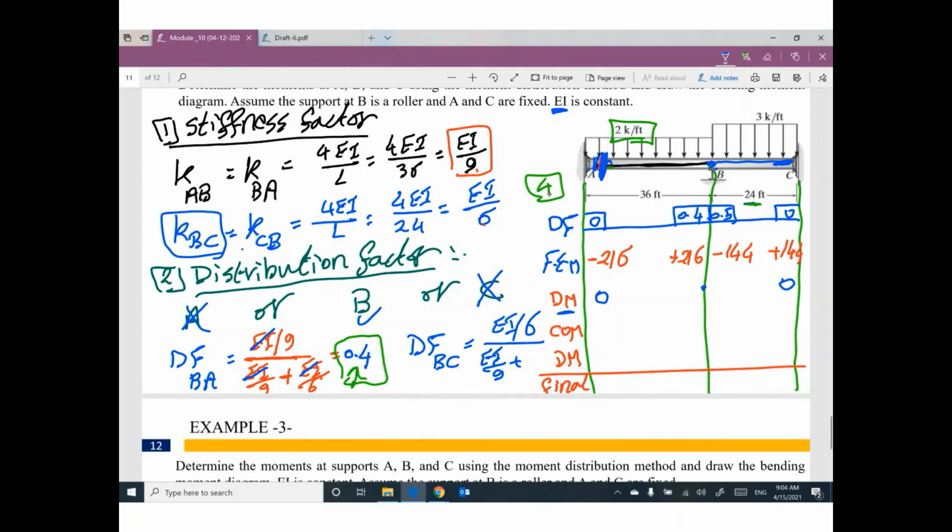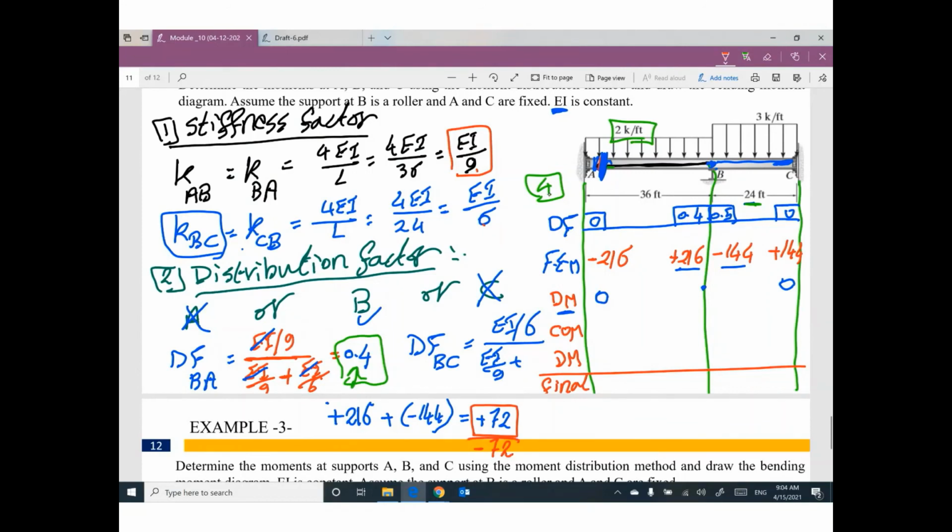You need to add positive 216 plus negative 144, the value of moment here and the value of moment here, and you keep your sign with the values. So we have positive 72. You are lucky, the value is positive. Change the sign, so it will be negative 72.